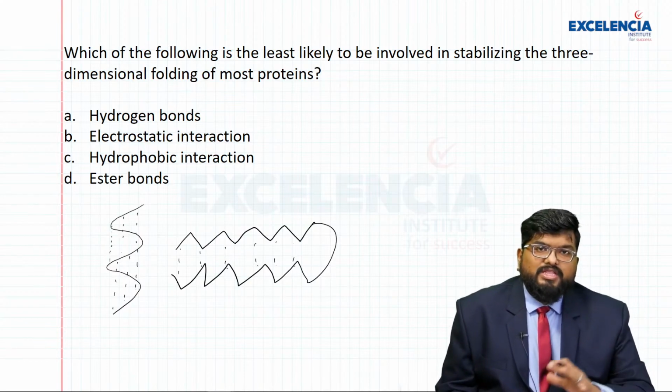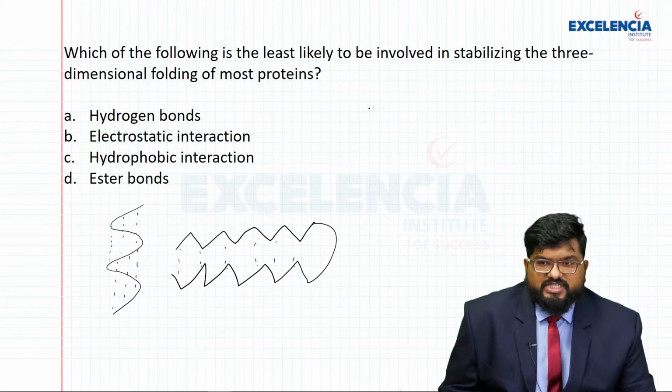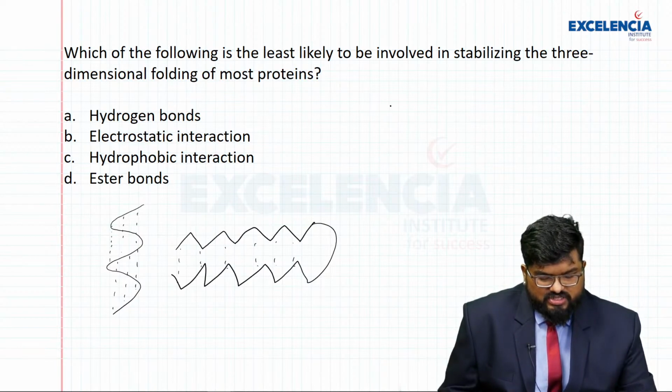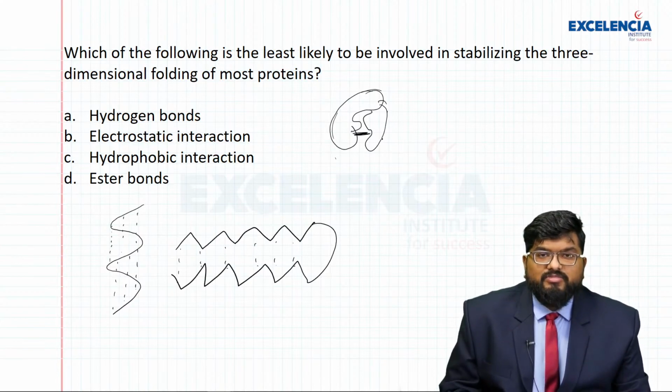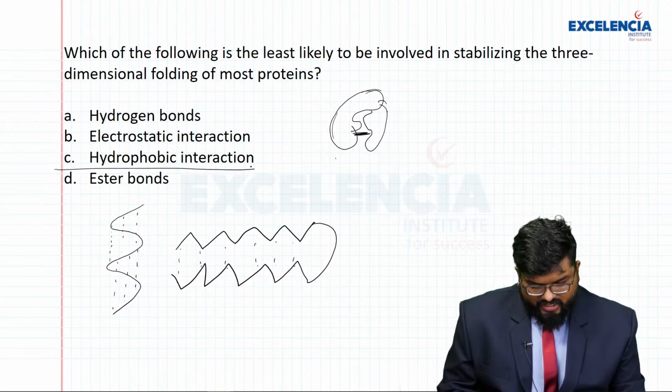Fine. These are secondary structures. When they move on to tertiary and quaternary structural formations, you have one protein, which may be alpha helix or beta sheet or both, and when they join together, there are hydrophobic interactions.